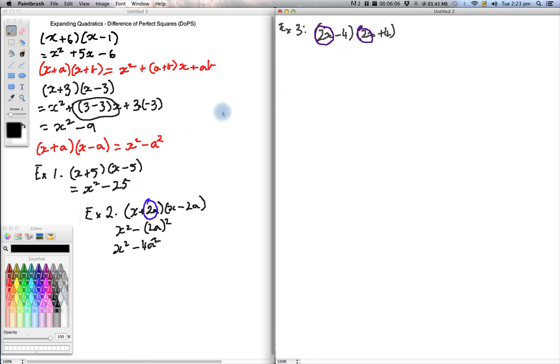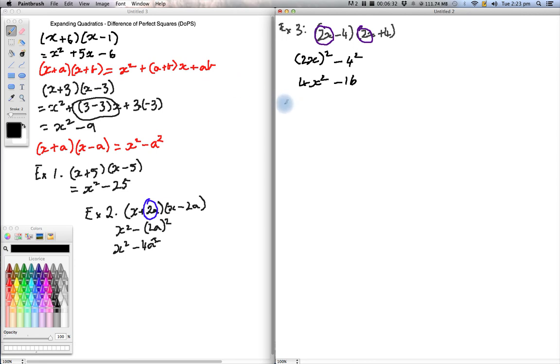So instead of just x squared, it's going to be (2x) squared minus 4 squared. That's 4x squared minus 16. There we go.